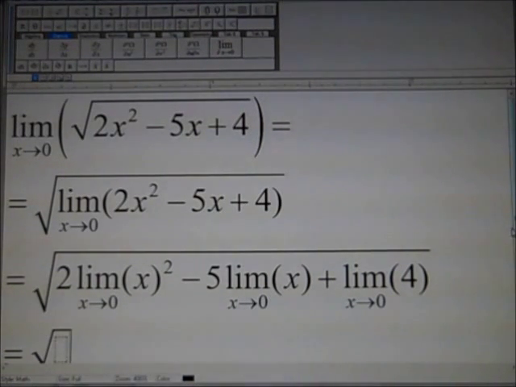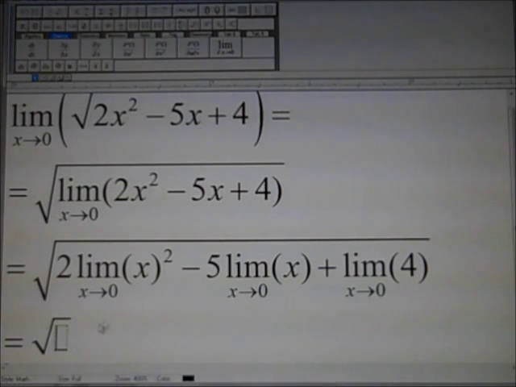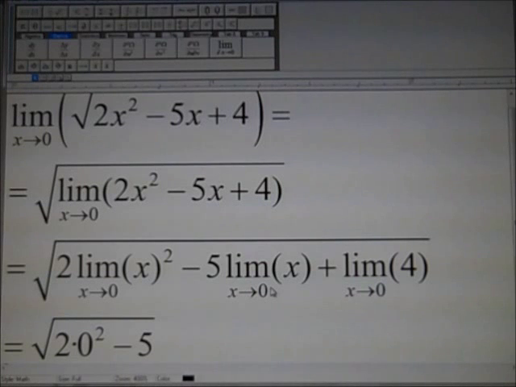Now let's evaluate it even more. So my first one, 2 times the limit as x approaches 0 of x and then squared, will be 2 times 0 squared. The limit as x approaches 0 of x, that's just 0.